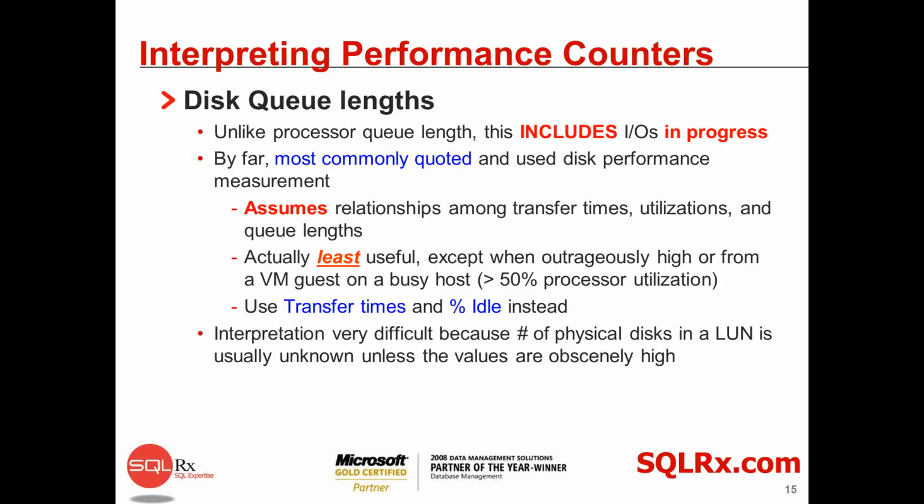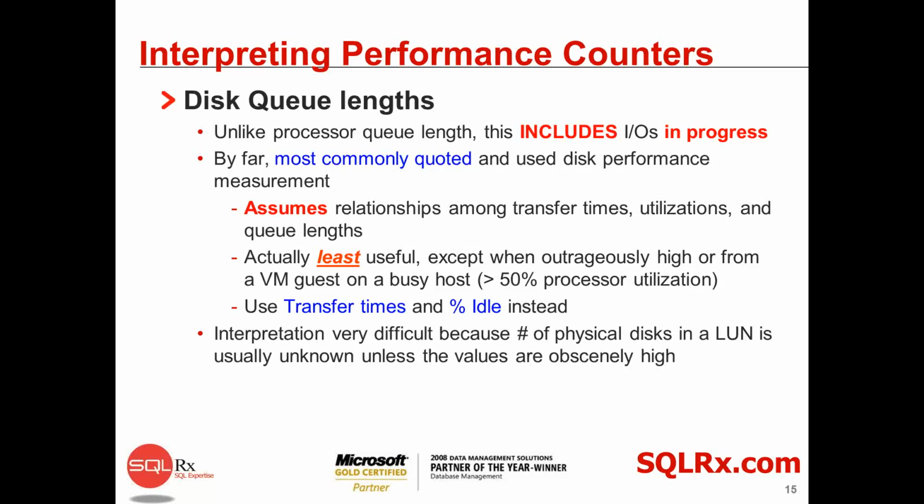So you have to rely upon something else. I instead use transfer times and percent idle. Again, the interpretation is a little bit difficult because you have to know how many disks you really have underneath there, particularly in today's world where a lot of things are put across SANs, so there really isn't a good limit on each one.